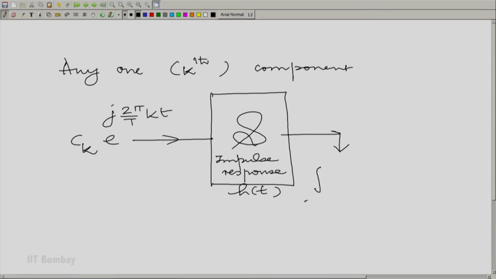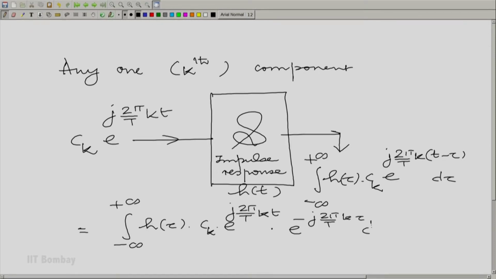It's the integral from minus to plus infinity. You could keep the h(t) as it is, so make that h(λ) or h(τ) as you desire, and write c_k e^(j2π/T · k(t−τ)) dτ.